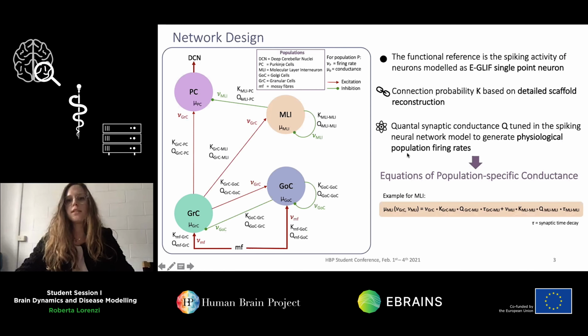All these features are collapsed in the equation of population-specific conductance. Here we can see an example for the molecular layer interneuron, where the excitatory input is specific for the MLI and comes from granular cells, and the inhibitory input is the auto-inhibition of the MLI, so it will be different from the one of Golgi, the one of granular, and the one of Purkinje.